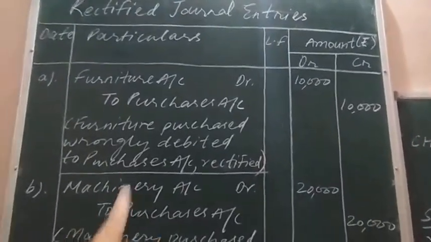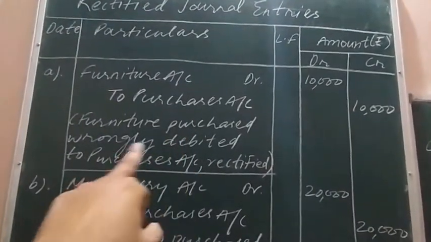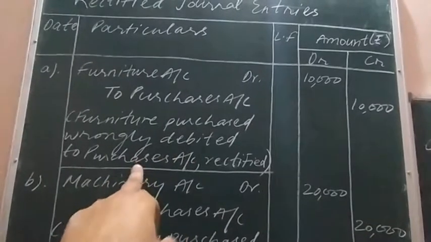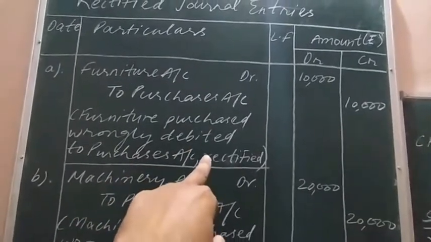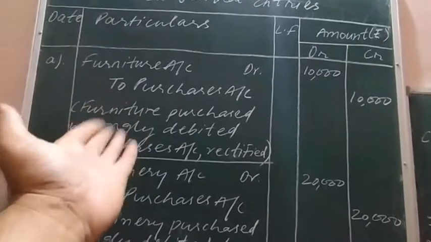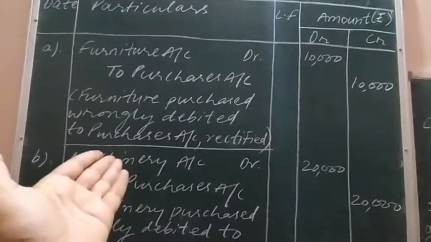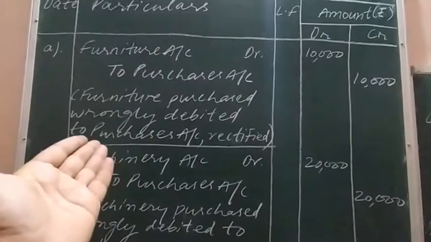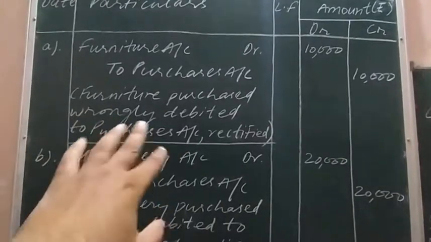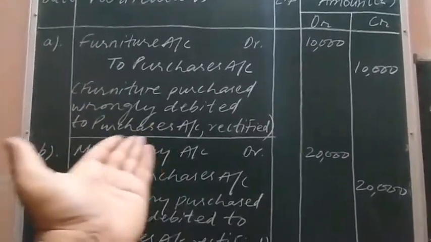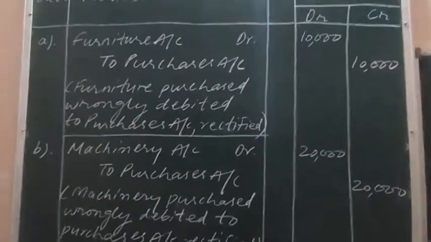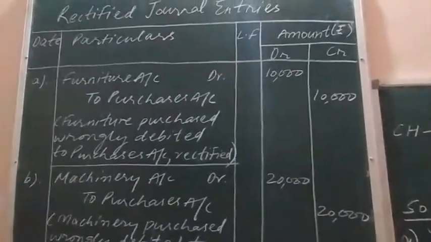What we have done, furniture purchased wrongly debited to purchases account, now it is rectified. Whatever we have done in the journal entry, that as a narration we have written within the bracket. Narration means the explanation of the same journal entry we have passed.